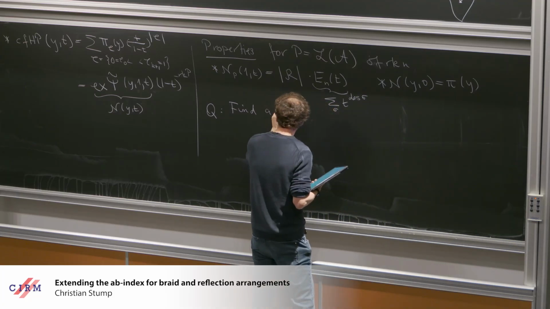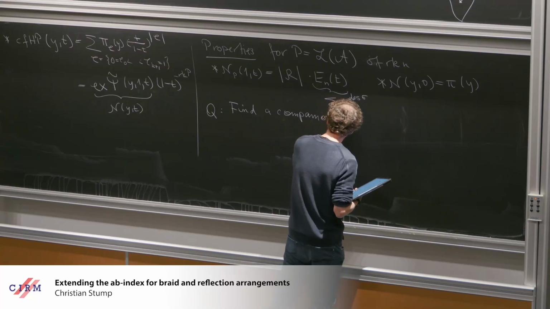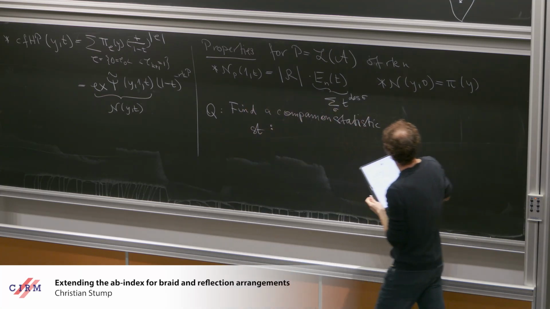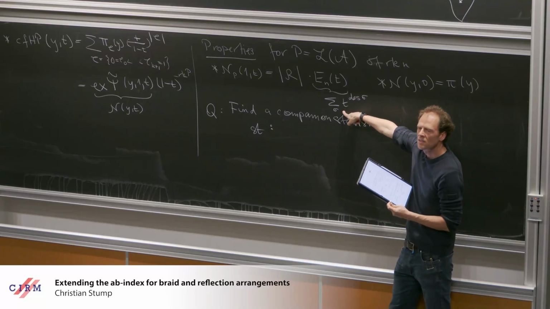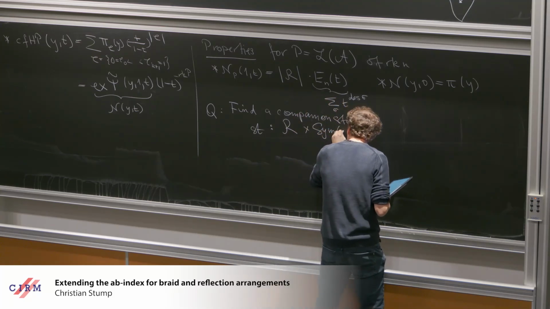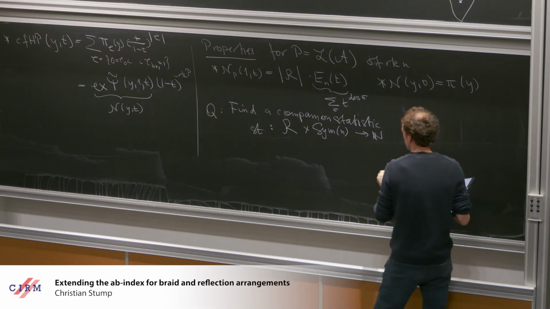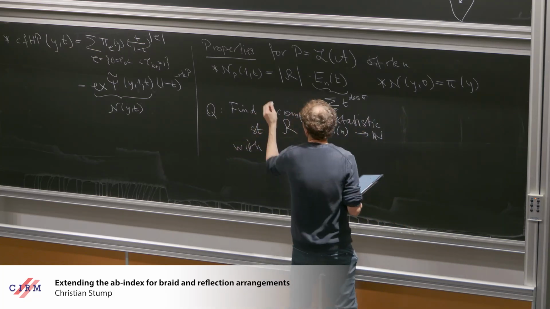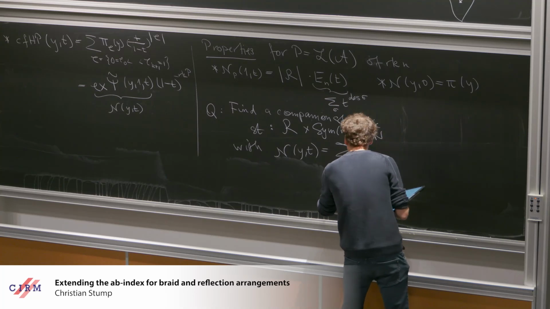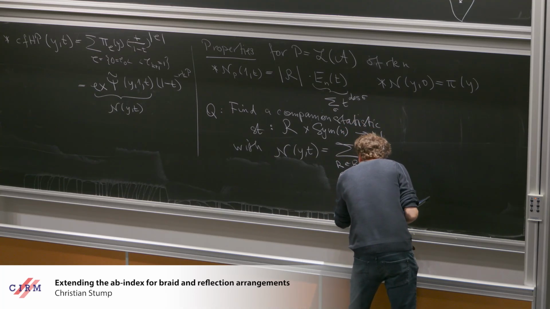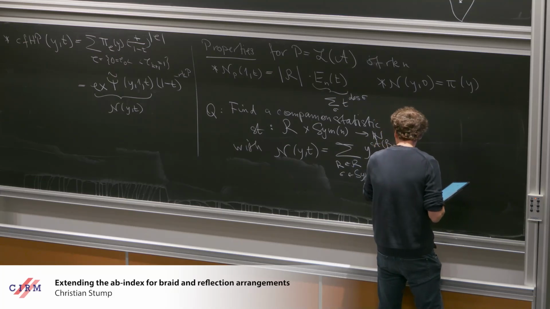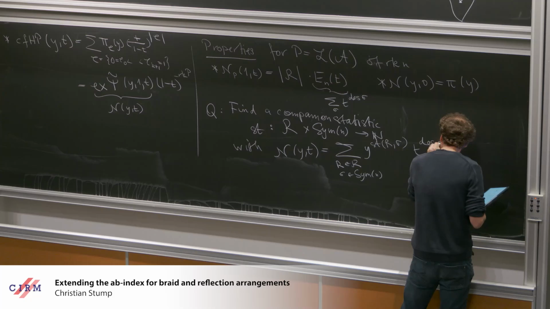So find a statistic ST from the regions of the hyperplane arrangement times the symmetric group in n letters into the integers such that this polynomial n of y comma t is equal to the sum, where r is the region and sigma is a permutation, of y to the st of r comma sigma, and then t to the descents of sigma.